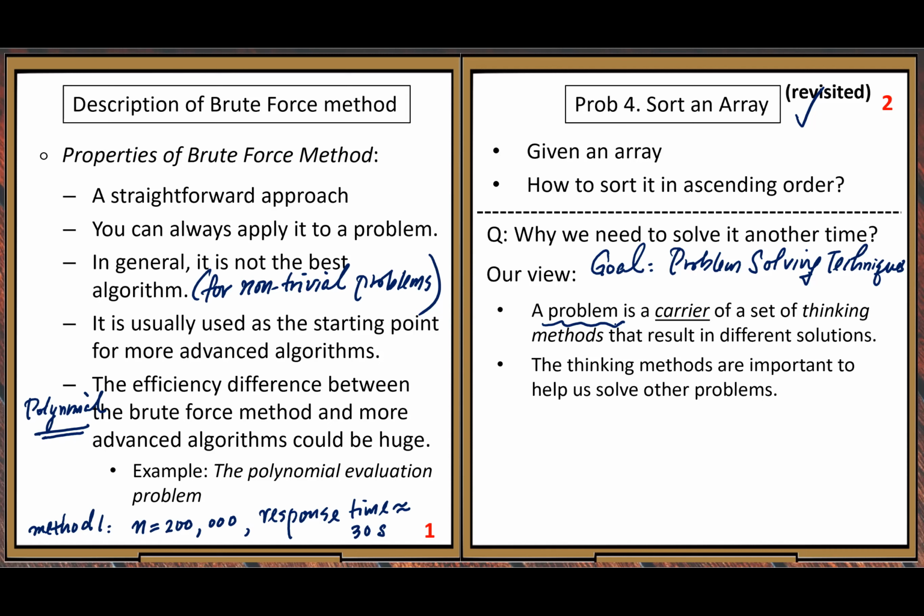So when we have a new computing problem, this kind of experience could be helpful for us to find a solution for a new real world computing problem. So that's the value of all these methods. A view based on special property.